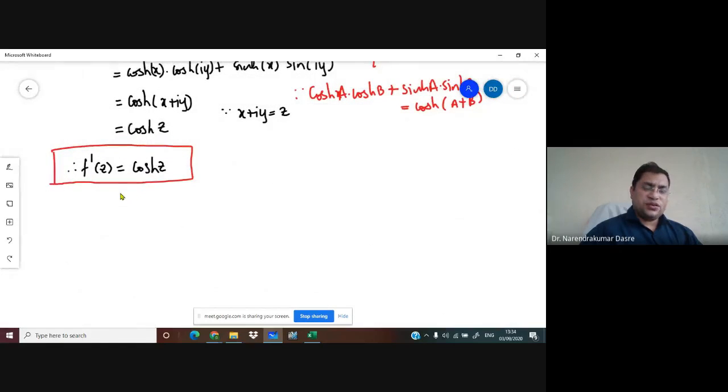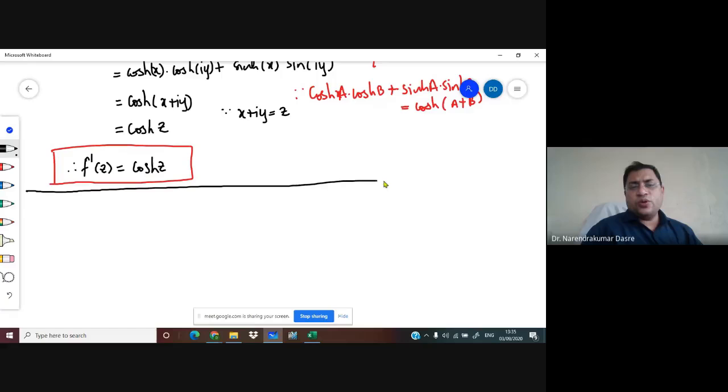Most of the times, the real variable case and complex variable case will be similar, and that's why we can sometimes use the formulas of the real case for the complex variable. This is how we are able to get the solution for this.